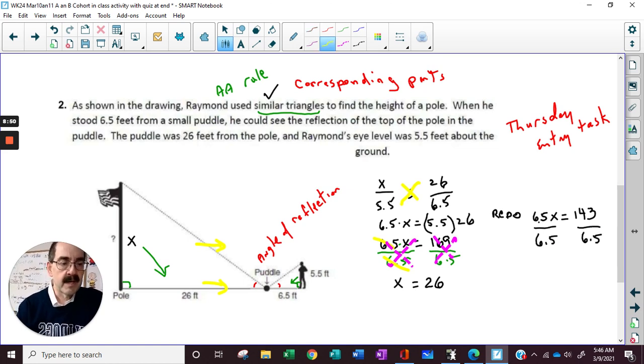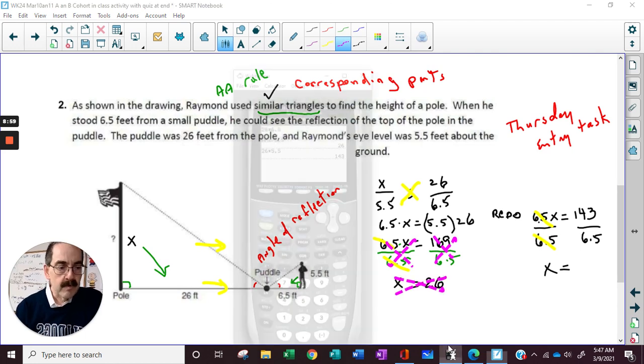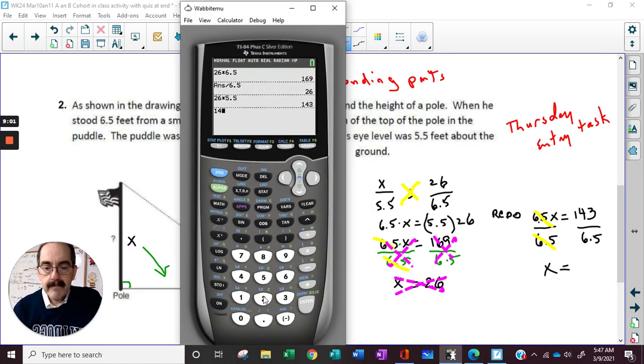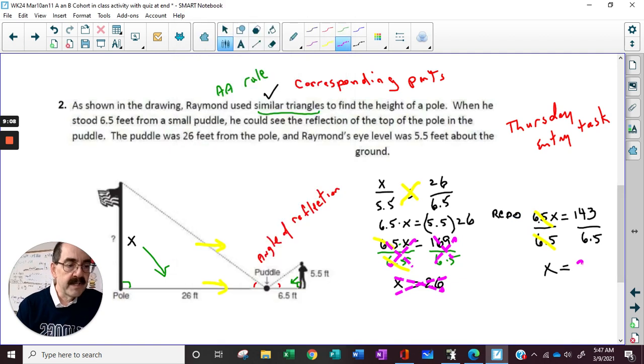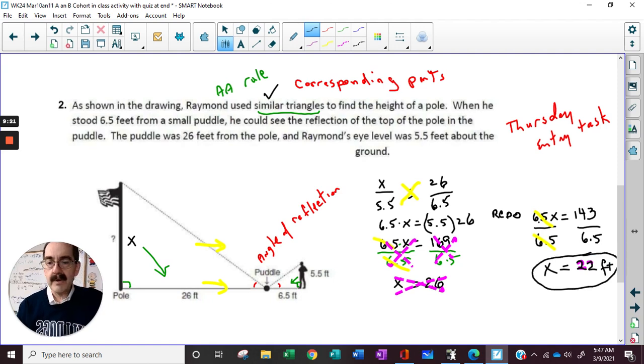We're happy because 6.5 divided by 6.5 is 1, and 143 divided by 6.5 is 22. Now 22 what? Feet. There we go. So now we got our 22.